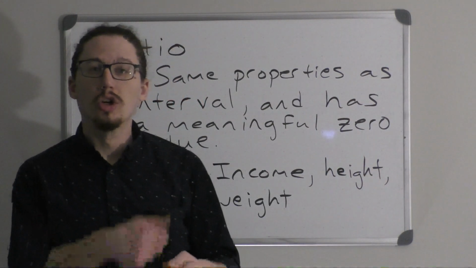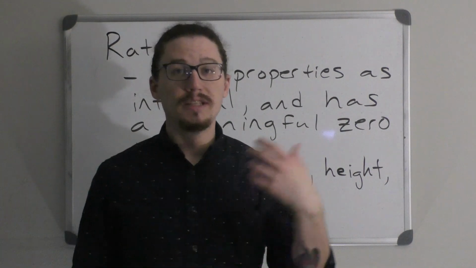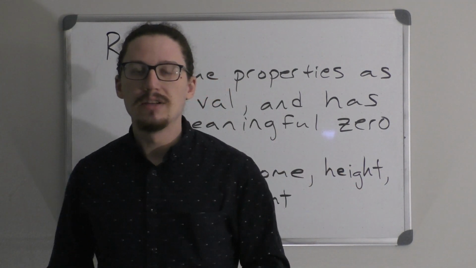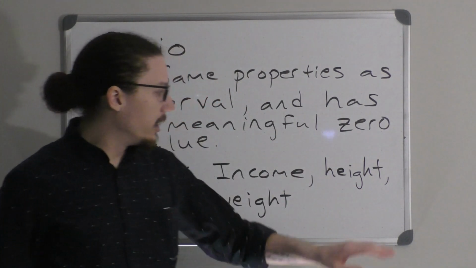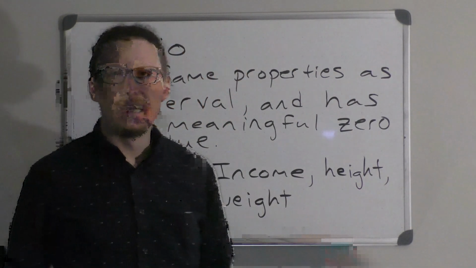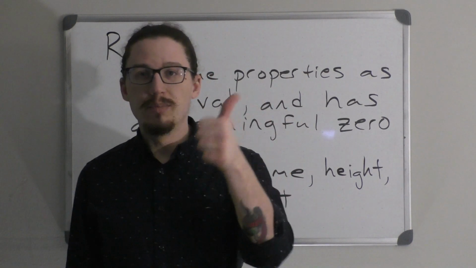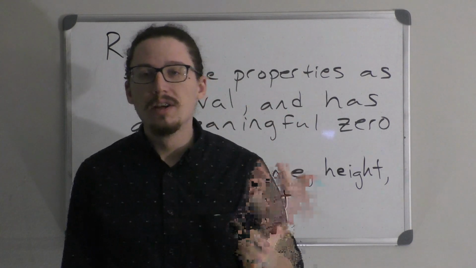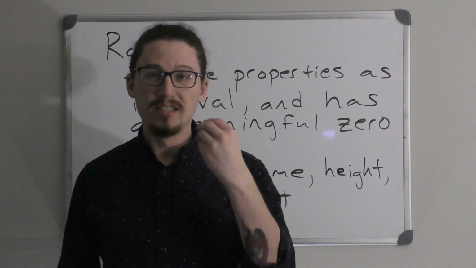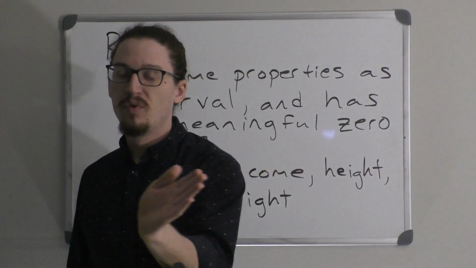One reason I want to point these out is that with interval, I mentioned how you compare Celsius and Fahrenheit, and how 0 degrees Fahrenheit and 0 degrees Celsius don't mean the same thing. You're not going to find that with ratio scale data. If we're looking at height, whether we're using meters, feet, yards, inches, or centimeters, it doesn't matter.